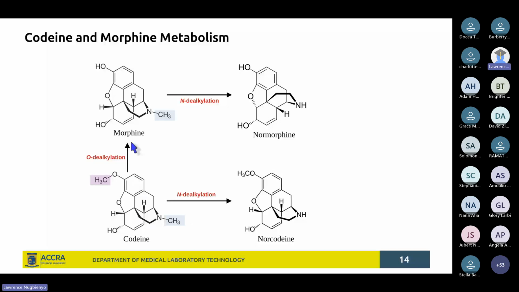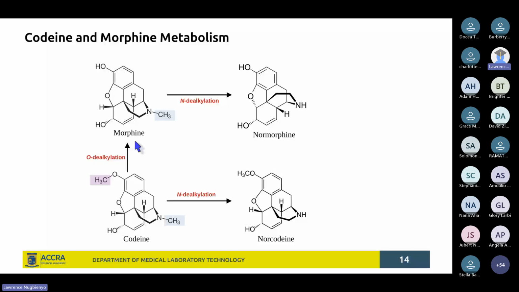And here too, you see that in place of this CH3, which is on this oxygen, it's just a hydrogen there. And so that is O-dealkylation. O, so it means the methyl group, that alkyl group was on oxygen. That's why it's now O-dealkylation. But here, it was on nitrogen. And so it's N-dealkylation. And you have that codeine converted to morphine.